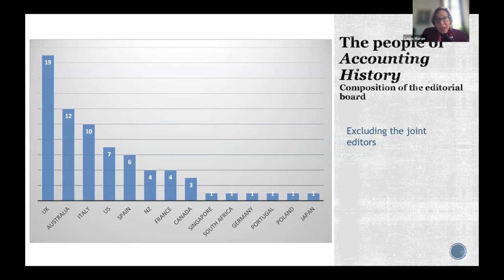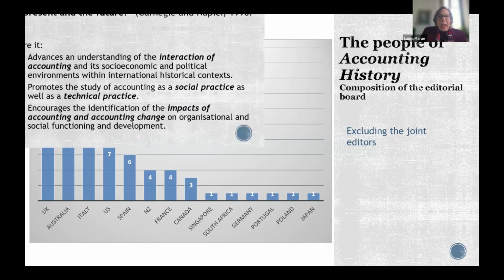Unfortunately, we don't have high representation from the Far East Asia or South America, and this would be part of our strategy to enrich the contributions of Accounting History towards these countries.